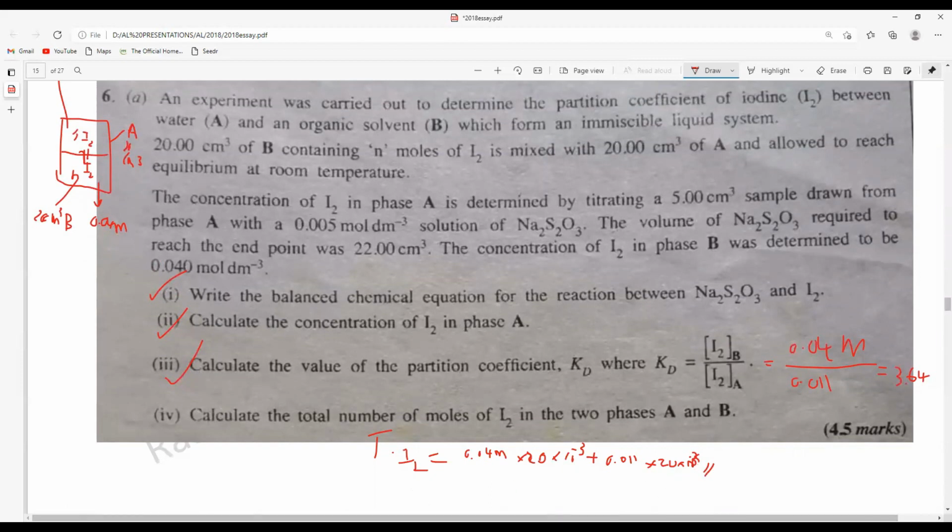You can add those two to get the total amount. That is a very simple idea. So this is done.